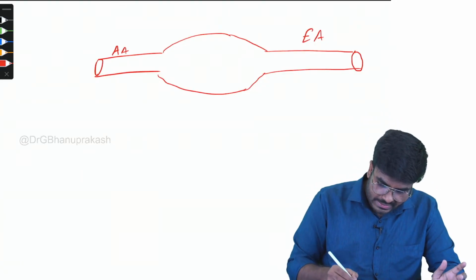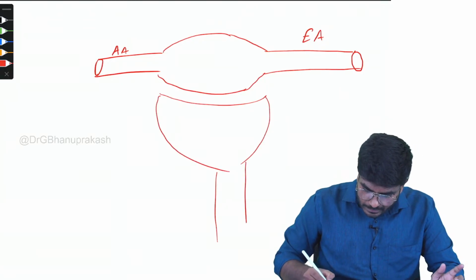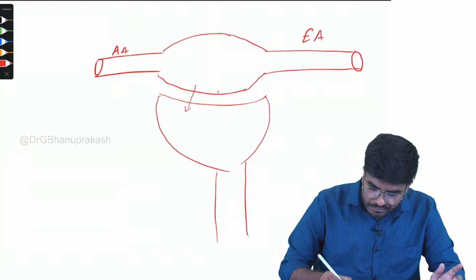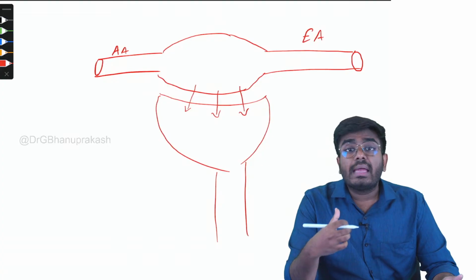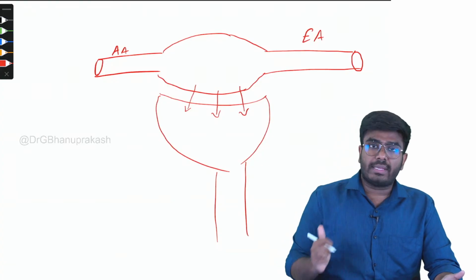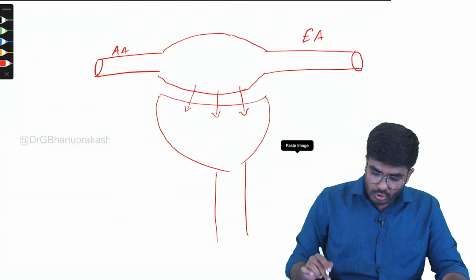Now, my question is, why is filtration happening? Why is the plasma moving from the glomerular capillary into the Bowman's capsule? What are the pressures involved here? To understand this, you should know certain terminologies first.